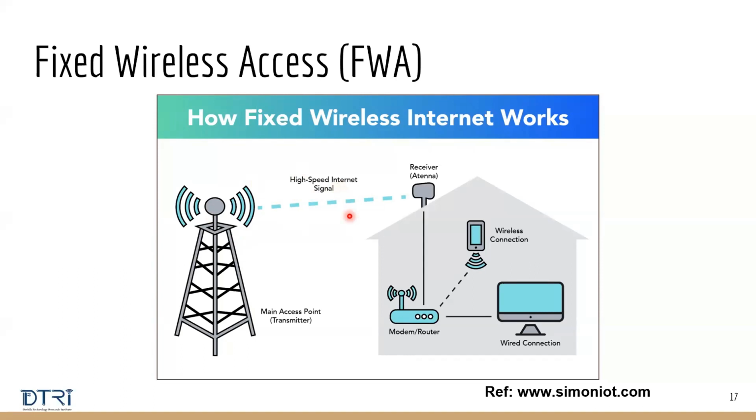This is called fixed wireless because if you remember, we were talking previously about mobility. I told you that I should be getting, let's say, 1 Gbps or 5 Gbps of data rate when I'm moving in a car at 100 kilometers per hour, or traveling in a train. Those are all examples where the user is moving.